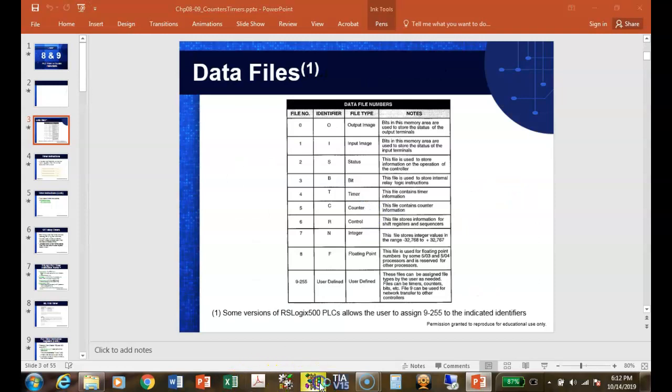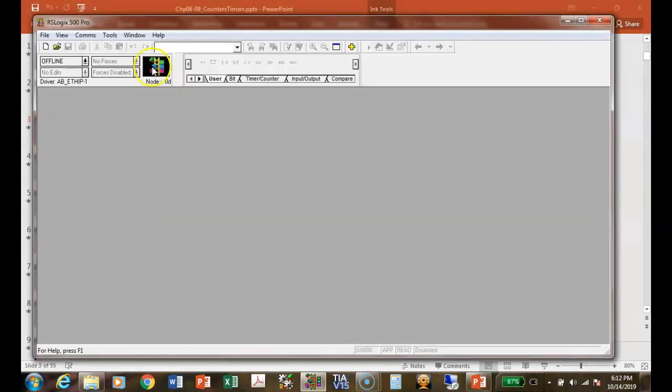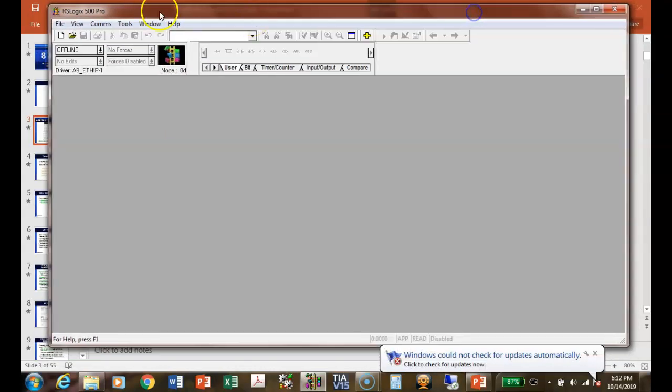So let me bring up RSLogix 500. And then, of course, what do we need to do now? I've already connected to this. I'm going to go to comms and make sure I have a PLC out there that I can connect to.